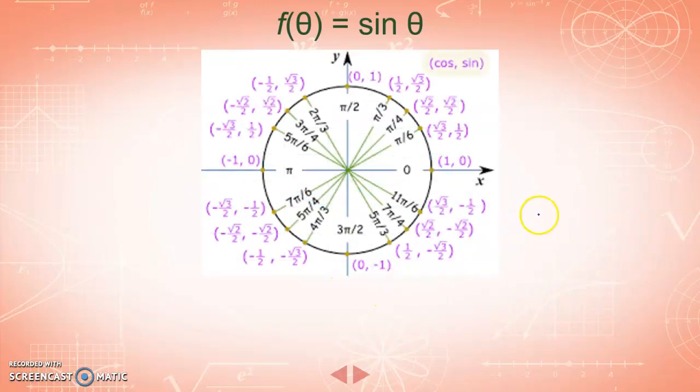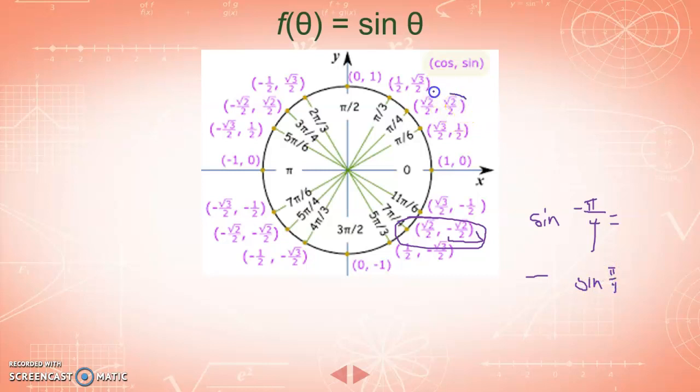All right, so let's take the sine of negative pi over 4. Negative pi over 4 is right here. And the sine of that is negative root 2 over 2. And that should be the same as negative sine pi over 4.